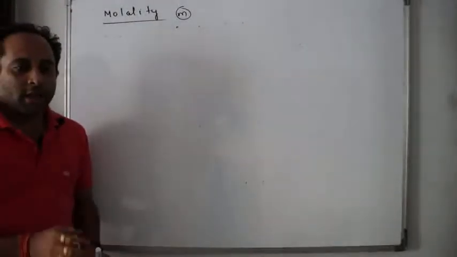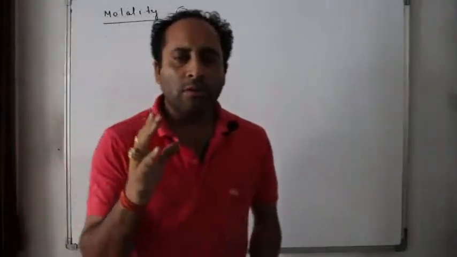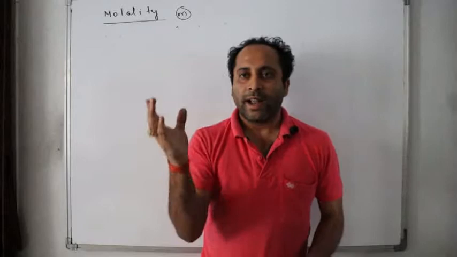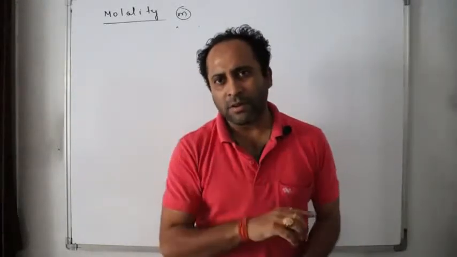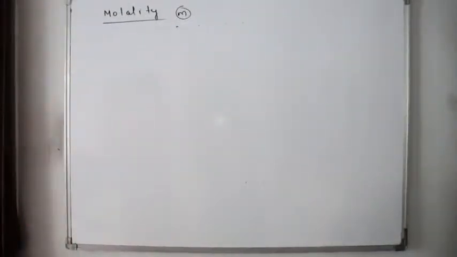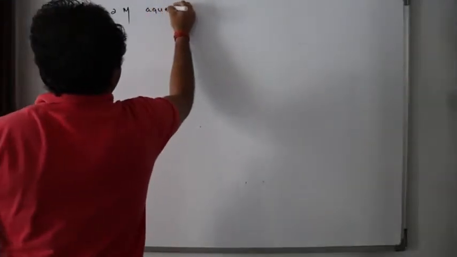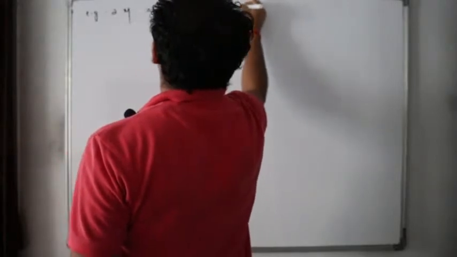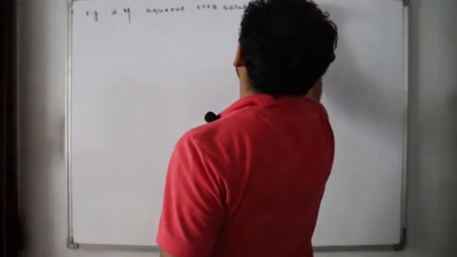The question is, if 2 molar of urea solution is taken and density of solution is 1.2 gram, calculate. I'll give you one question, and in that question everything will be present. What is that question? Question is, 2 molar aqueous urea solution is taken.